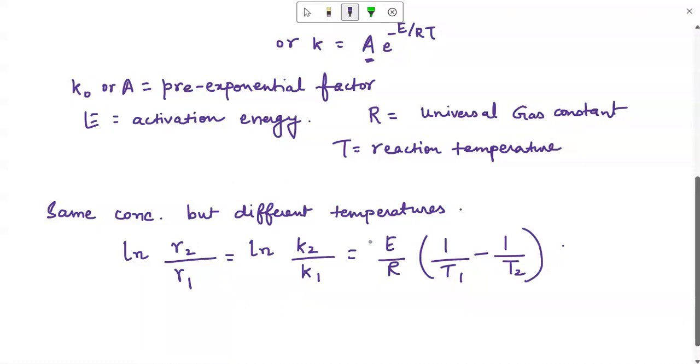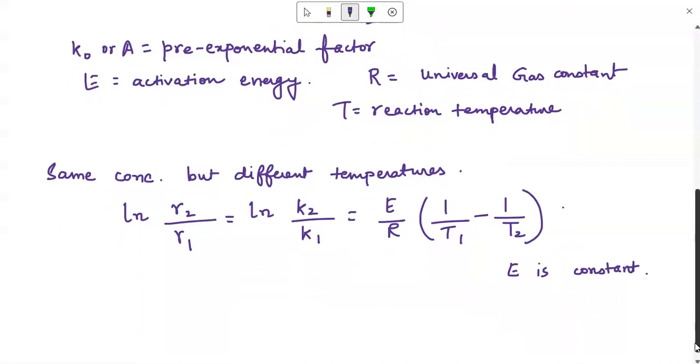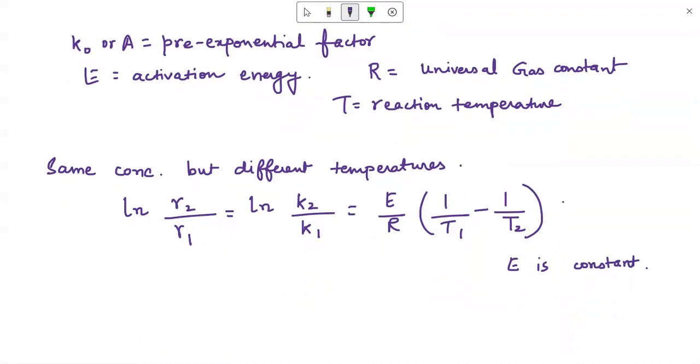The condition is that E is constant. So the Arrhenius law can be used to study the temperature dependency of the rate of reaction for two different temperature values, given that the concentration is the same and the activation energy of the reaction remains constant.